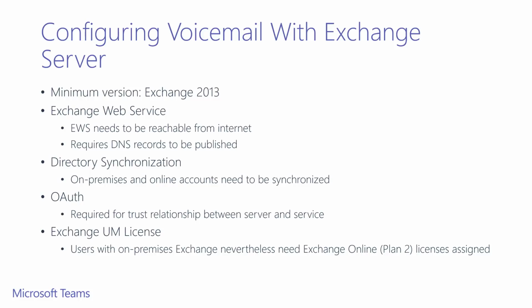We need to configure OAuth, which is an authorization mechanism between the Office 365 service and the on-premises server platform. And although we don't use Exchange UM, we do need an Exchange UM license assigned. So users with Exchange on premises do in fact need Exchange Online Plan 2 licenses assigned, but we're not actually going to utilize Exchange UM.